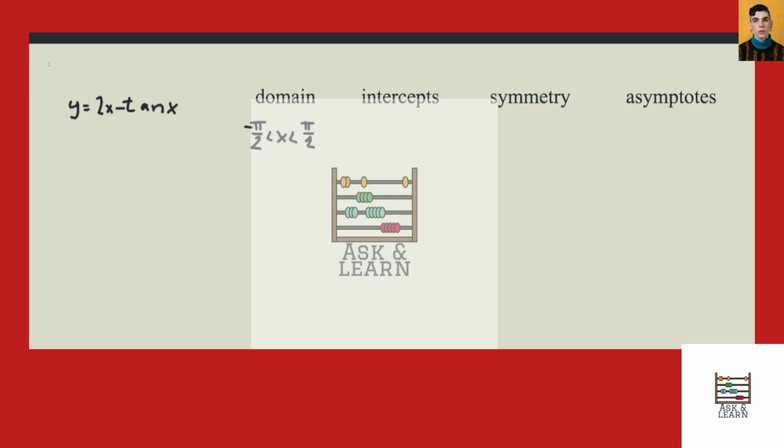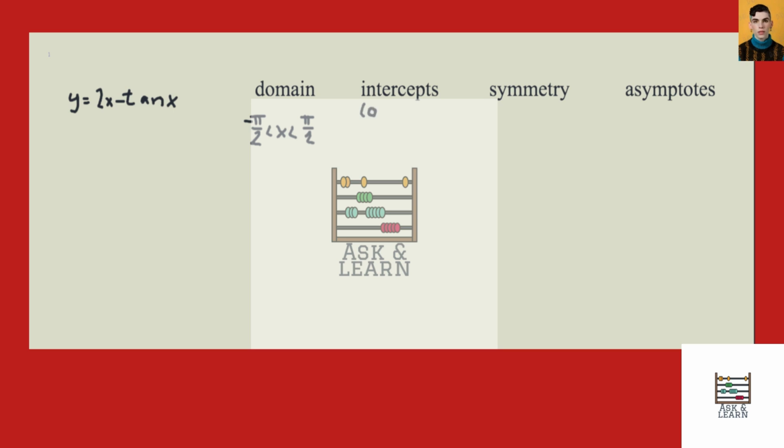So given this function and this domain, we know that the intercepts, the easy one is 0, 0, and the one that's a little harder to see that's within this domain is negative 1.20 and positive 1.20.